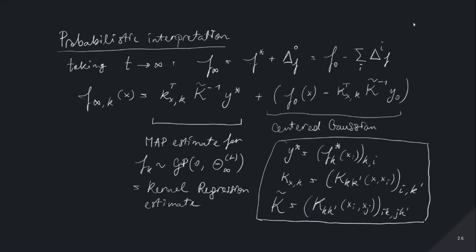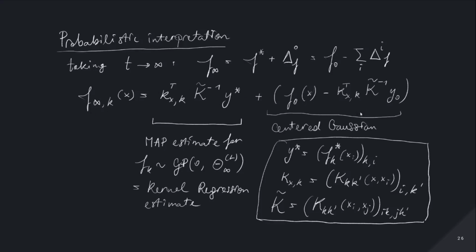And I can rewrite it again: f of infinity, the kth component evaluated at x, will be this kappa vector times this K inverse matrix, K being the Gram matrix of my kernel, times y, and y is just my f star evaluated on my training data points. And so this looks a bit like a regression, and actually it is. It's a kernel regression plus some center. And this thing is just a centered Gaussian, so a Gaussian process.